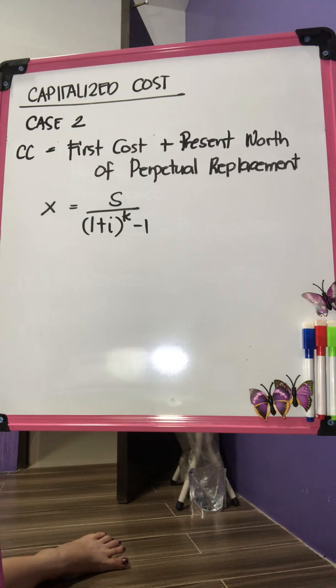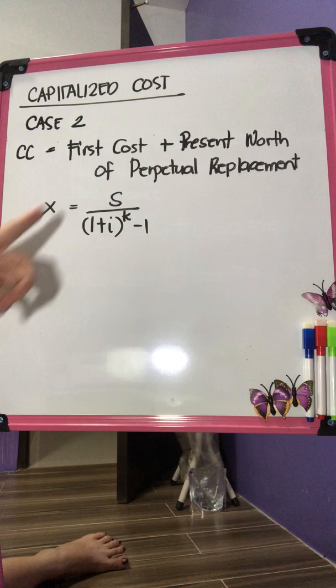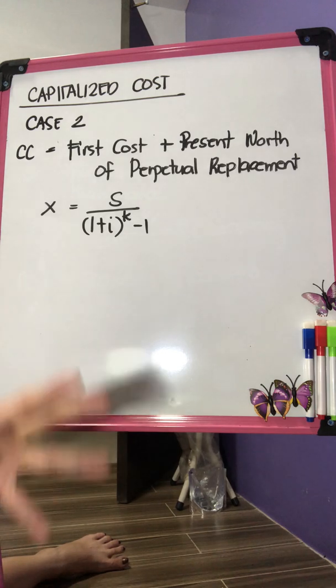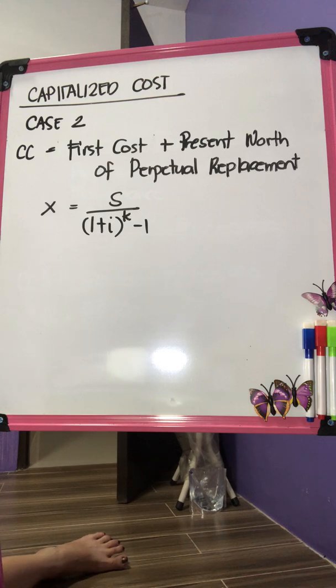Ililess mo ngayon dun sa original price niya, which is equal to 100,000. Kaya yung S natin dito is equal to 80,000. Kasi nga, ang S is the amount needed to replace a property every k periods. So, after 10 years, you need another 80,000 para ma-replace mo yung machine. Or simply, ang S is the difference between yung original price, which is 100,000, minus yung salvage value na 20,000. So, meaning you need 80,000 para ma-replace mo ng panibago yung machine.